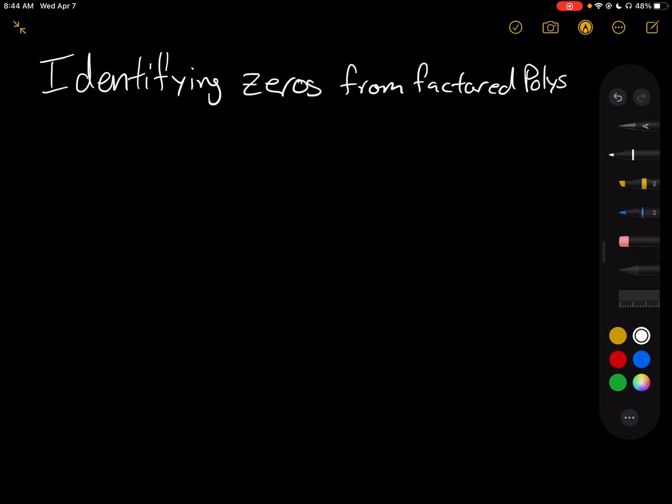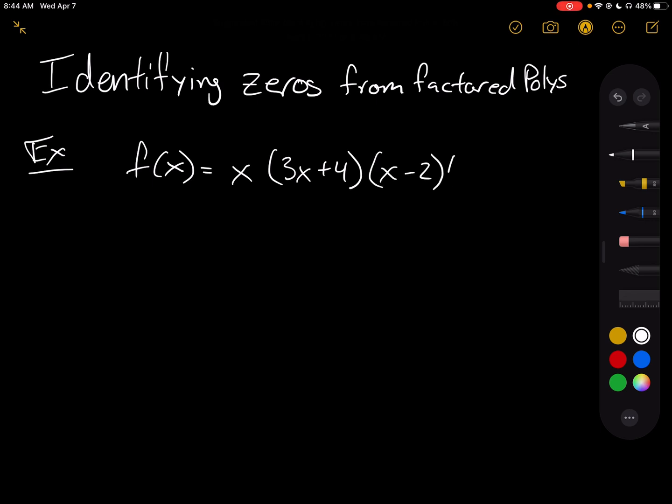So if you look at our example here, we've got f of x equals x times (3x plus 4), times (x minus 2), times (x plus 2), right? Each of these is a linear factor. So x, linear factor, 3x plus 4, linear factor, x minus 2, linear factor, and x plus 2, linear factor, okay?